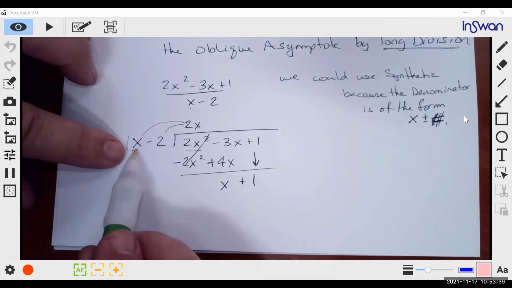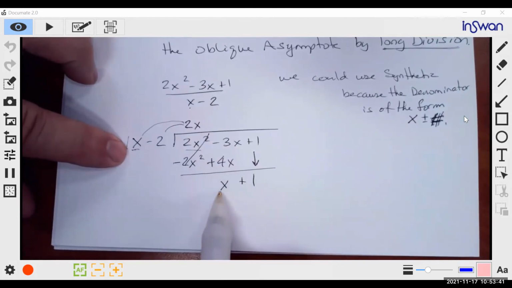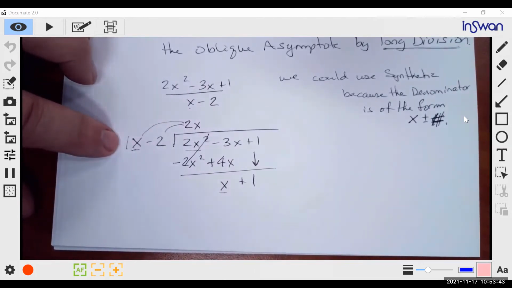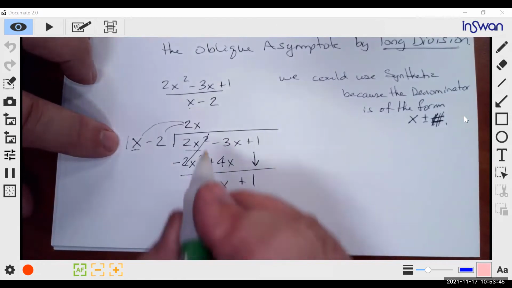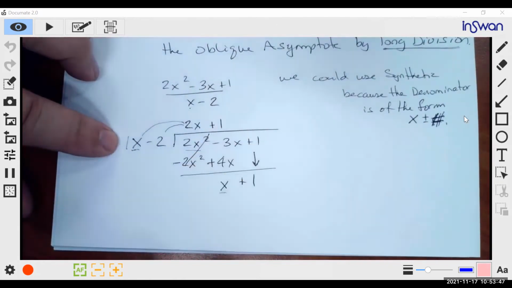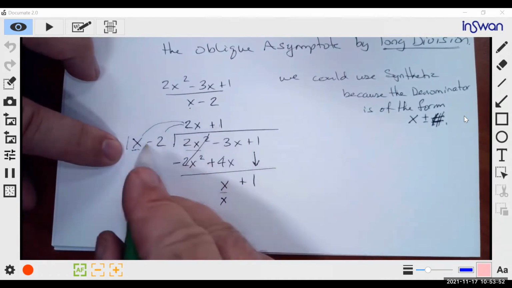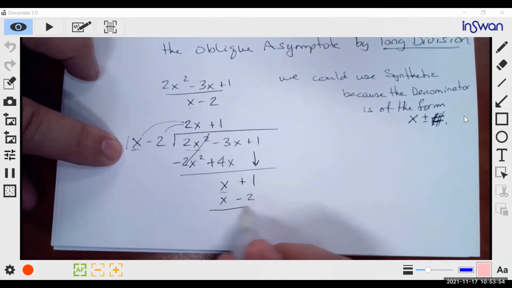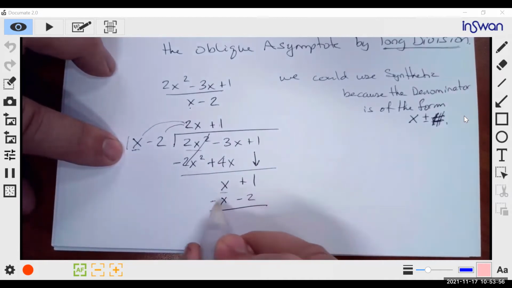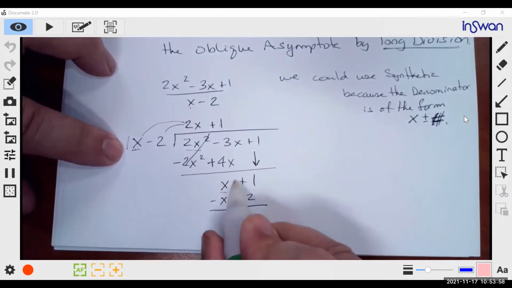Now, repeat the same thing. What times x gives me x? A positive 1. 1 times x is x. 1 times negative 2 is negative 2. Change the signs.